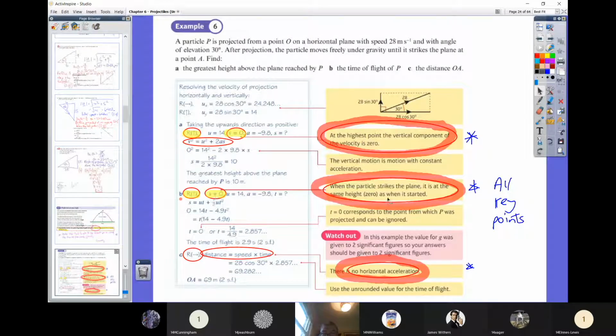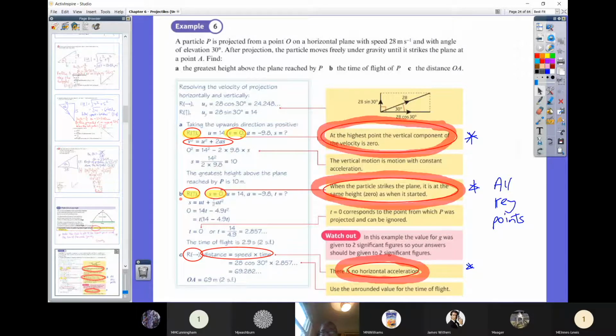When the particle strikes the plane, it is at the same height, 0, as when it started. So just be clear in your mind why these are the case. When you resolve vertically, at maximum height the velocity is 0. At the end of the journey, your displacement is 0. And then part C, just like we were doing the other day, remember when you're resolving horizontally, there is no acceleration, so the distance equals speed times time.